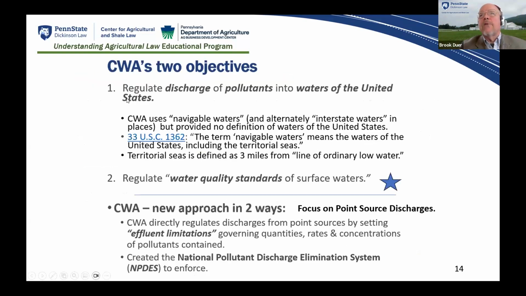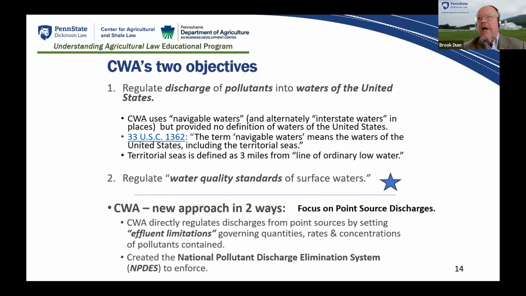And basically what the 72 amendments introduced, and this is what we went over at great length in the prior seminar or webinar, was basically two objectives now. Regulating discharge of pollutants into the waters of the United States. That, of course, is implemented by the NPDES system. And I'll get through this slide here in a second.